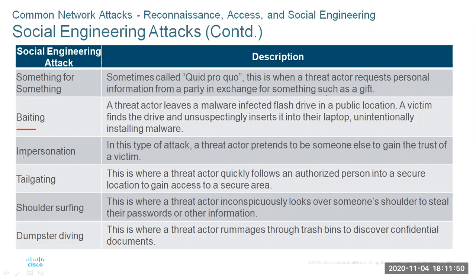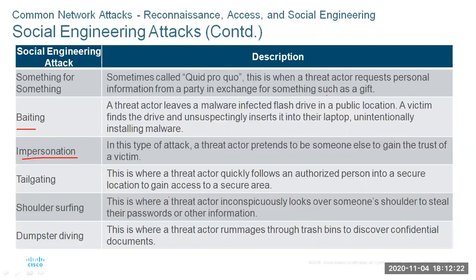Usually they target people that work in certain corporations, so they will drop it where they think you will see it. Now, impersonation is another social engineering technique. A threat actor pretends to be someone else in order to gain the trust of a victim, pretending to be who he's not. Then tailgating is where a threat actor quickly follows an authorized person into a secure area.